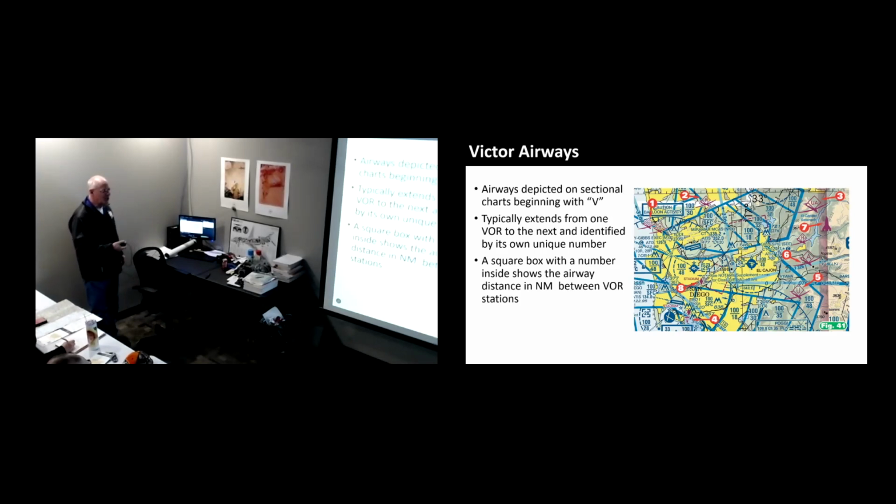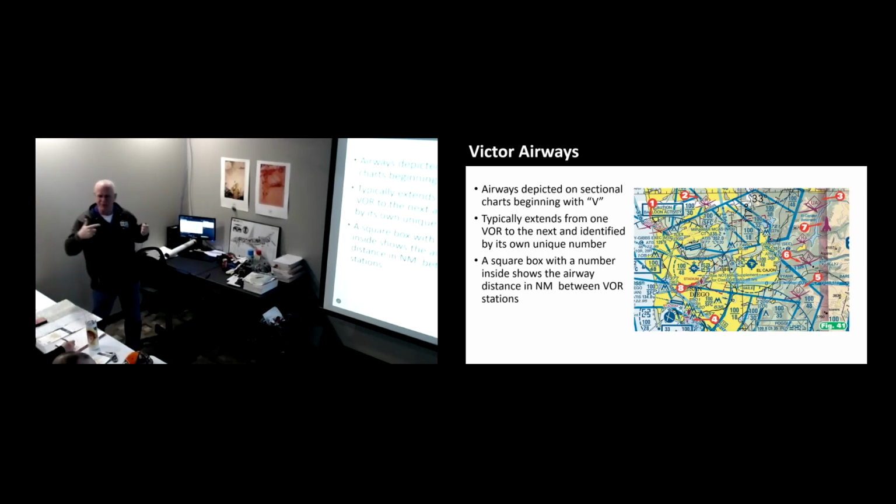Okay, a square box, and this is what I could not find here. I had to look on the chart. You can see on the chart if there's a square box with a number inside the airway, somewhere along that airway, maybe a small box with a number in it. That just means the distance in nautical miles on that airway going from VOR 1 to VOR 2, right?